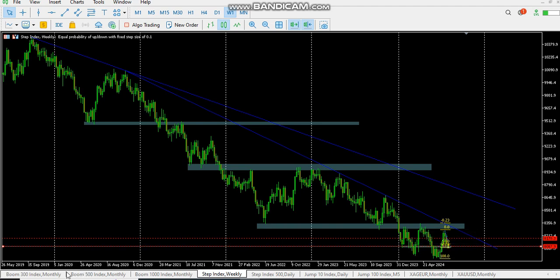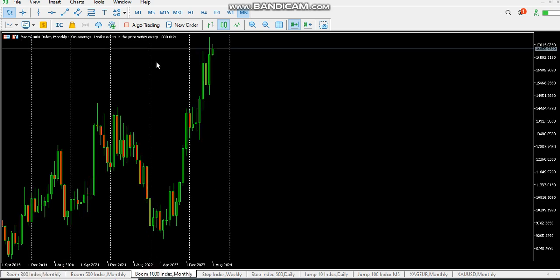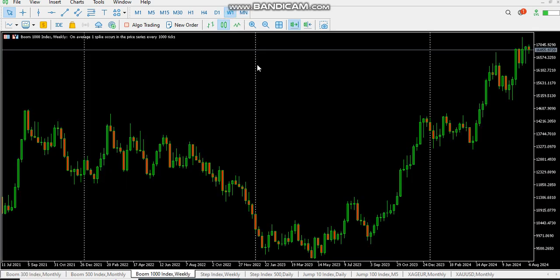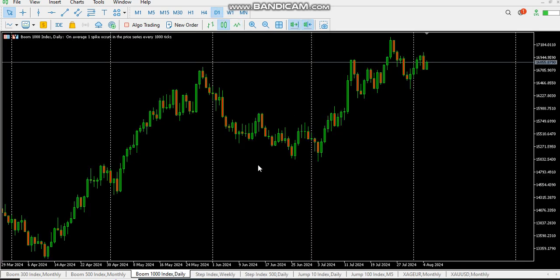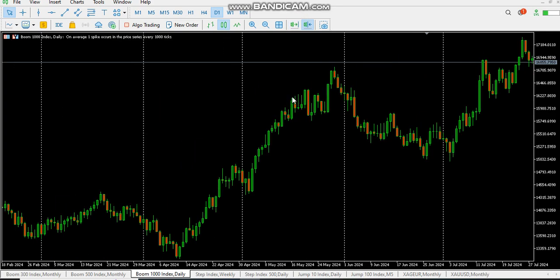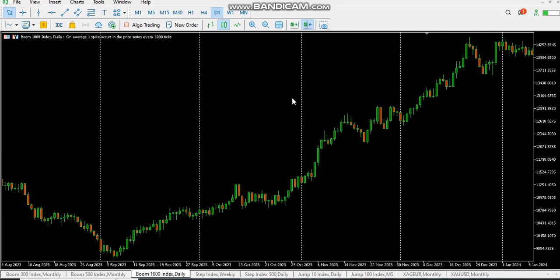What about an uptrend? That is what I will be showing you on this instrument, Boom 1000. As you can see on this Boom 1000, this market has been trending up for a very long time. So if we go to our daily, we'll be able to identify those higher highs and higher lows. And how can you identify them? As you can see, we have our low here.